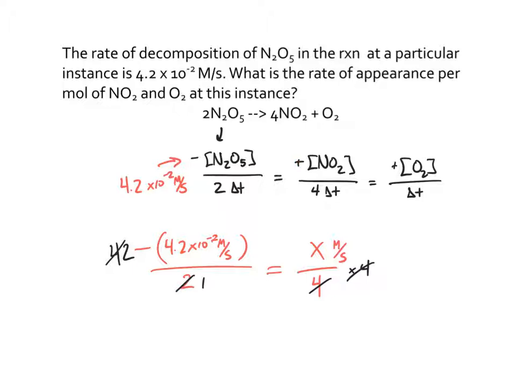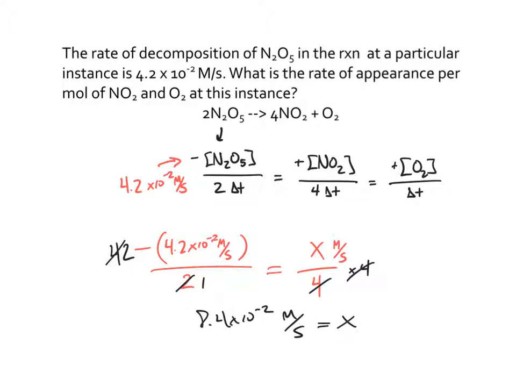So if I do the math quick, X is equal to 2 times 4.2 times 10 to the negative second, or 8.4 times 10 to the negative second molarity per second. That's X.